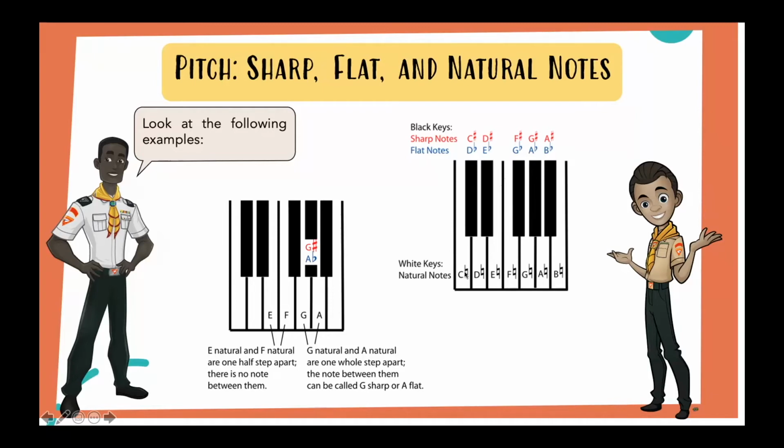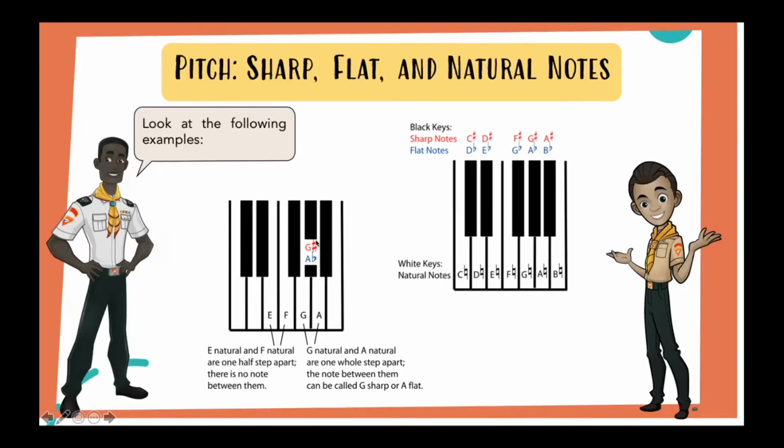But wait, don't get confused, I'm going to get there. Here we have E natural and F natural. They are one half step apart because there is no note between them. But G and A are one whole step apart because there is a note between them.